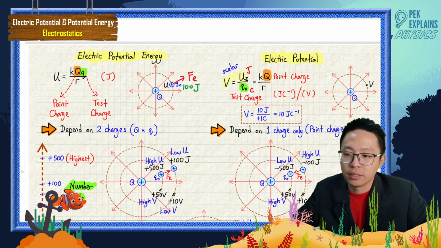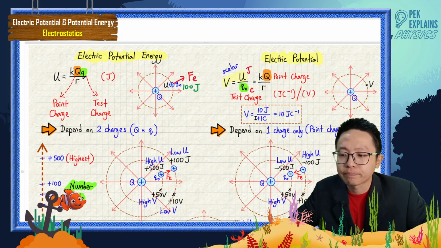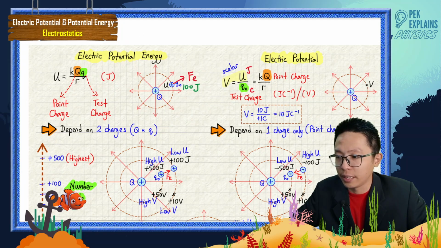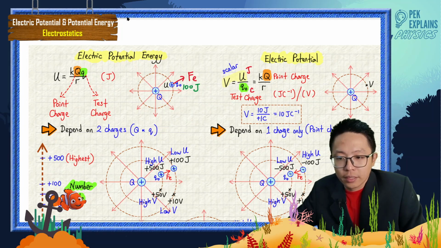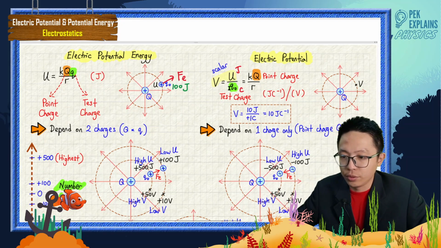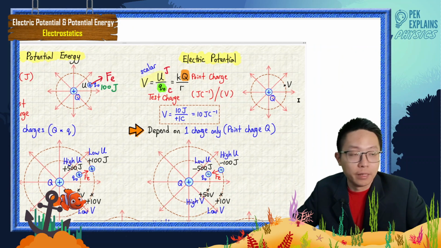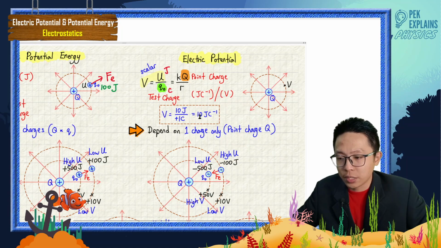This is electric potential energy per unit test charge. So maybe we can understand more if we put in values. For example, what does it mean by potential equal to 10 joule per coulomb?